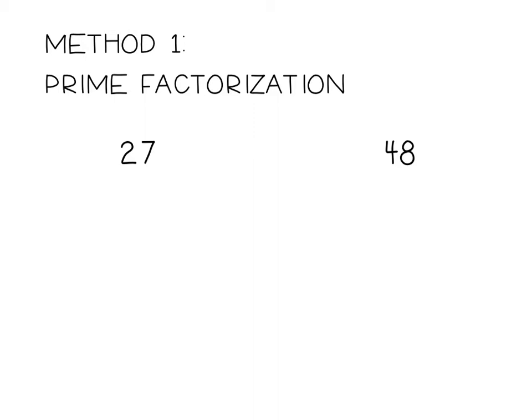A prime factorization is when we factor a number using only its prime factors. So with 27, I'm going to pull out two factors of 27, one of which has to be a prime number. I'm going to pull out a 3 because that's prime, and 3 times 9 equals 27.